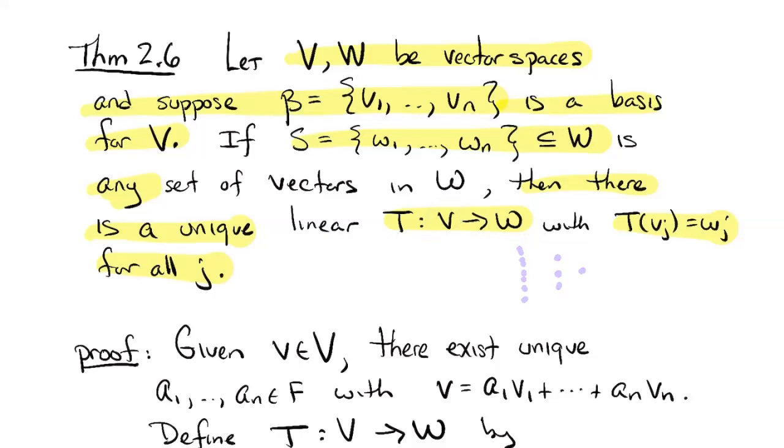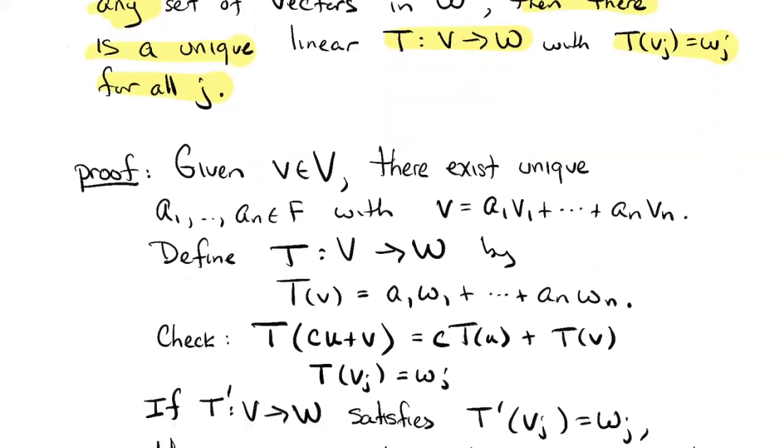And then there's one and only one function from V to W that's linear that sends the jth basis vector to the jth w that you picked. It's amazing. In other words, linear transformations are easy to make. You can pick a basis for the domain and then have those basis vectors hit any targets you want, and you'll get yourself a linear transformation.